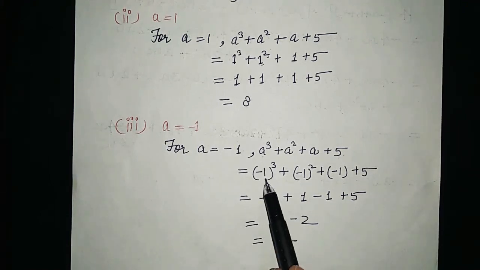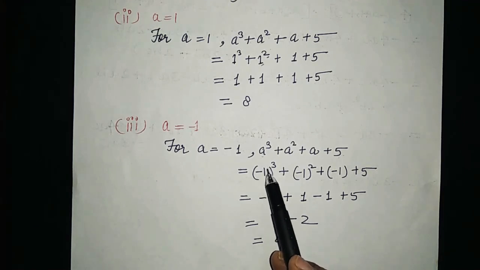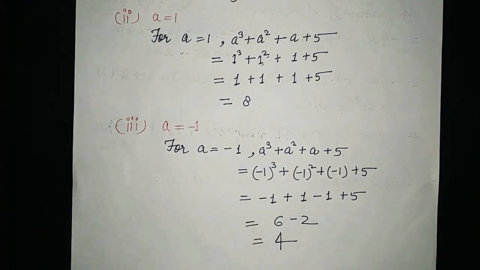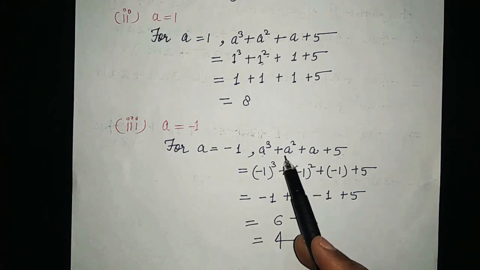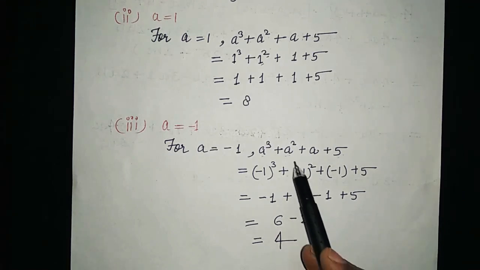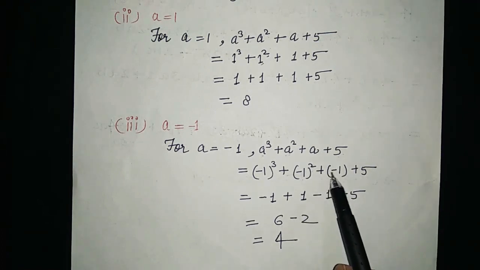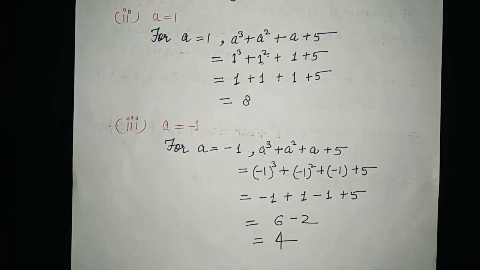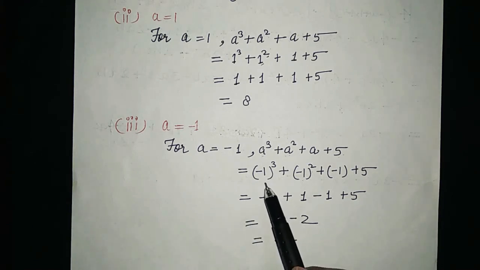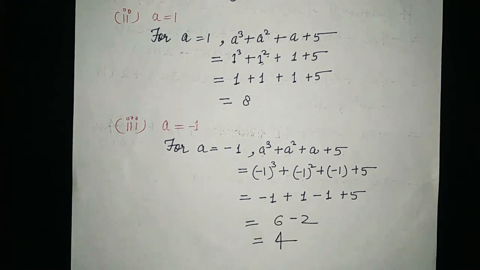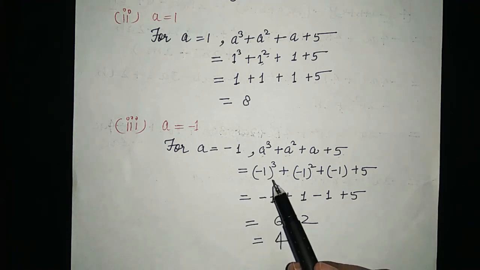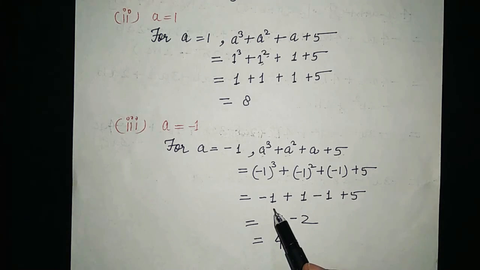Here minus 1 we will write for this a, then power 3. Plus, again we will write minus 1 for this a, then power square. And here plus, and here minus 1 we will write in bracket, plus 5. Now, if you multiply minus 1 three times, what will come? Here 1 into 1 into 1, 1 will come.